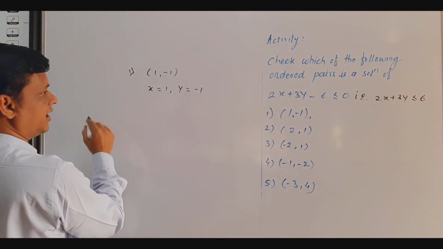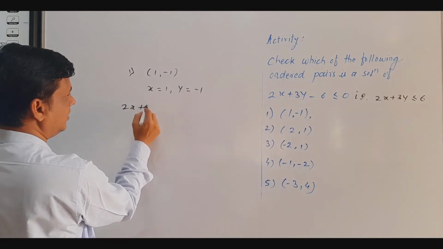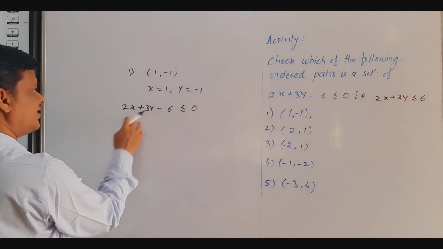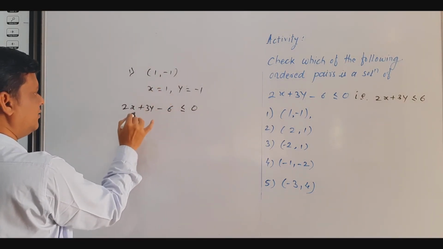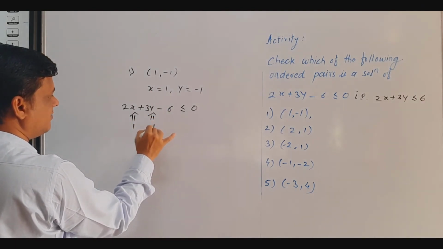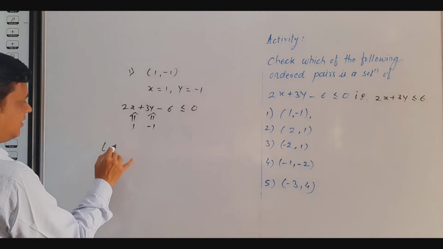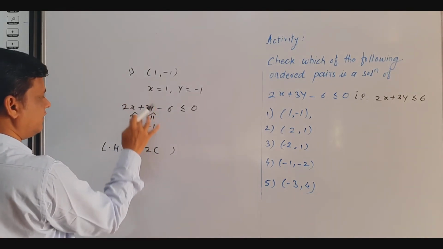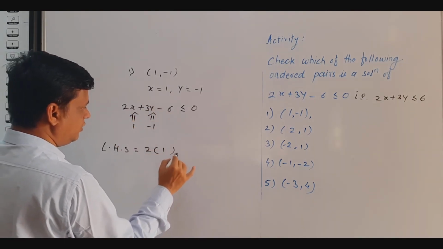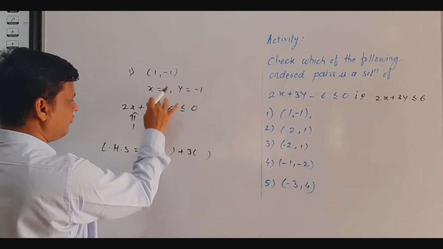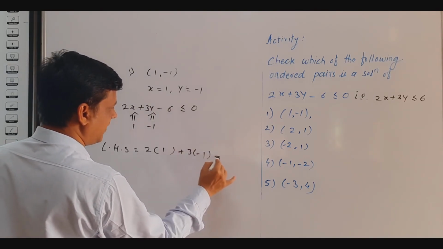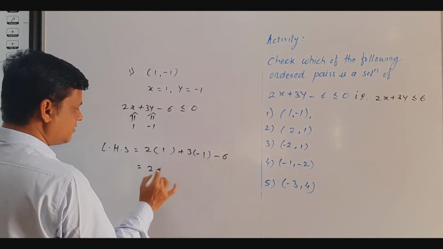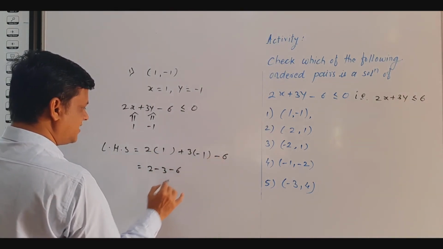So we consider here 2x plus 3y minus 6 less than or equal to 0. We substitute x as 1 and y as minus 1. So LHS is equal to 2 into 1, replacing the value of x by 1, plus 3 into minus 1, replacing the value of y by minus 1, and this minus 6 as it is. So 2 into 1 is 2, 3 into minus 1 is minus 3, and minus 6 as it is.